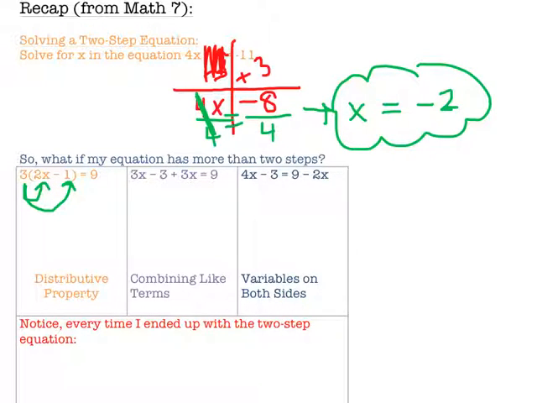So in this case, it looks like I'm multiplying the 3 times 2x, which is 6x. And this is the part people forget. I also need to do 3 times negative 1. Remember that sign is attached to the number that comes after it. So this minus 1 in this case is treated like a negative 1. So 3 times negative 1 is negative 3, or now I have 6x minus 3 is equal to 9.